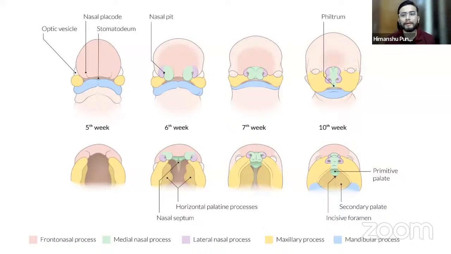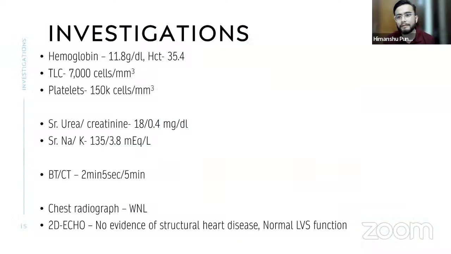So in cleft palate repair, it is a bit more extensive surgery. So in this case, I would order for a complete blood count, including hemoglobin, total leukocyte count, platelet count. I would ask for a renal function test, serum electrolytes, and a coagulogram.